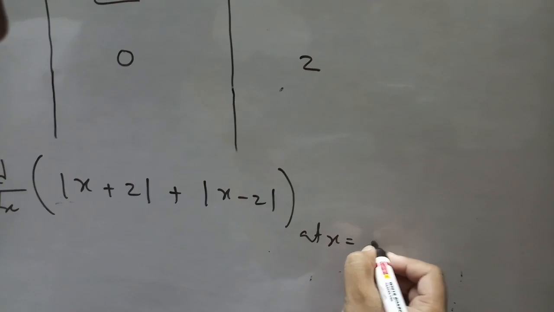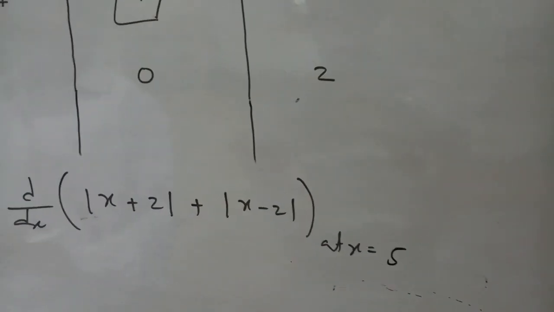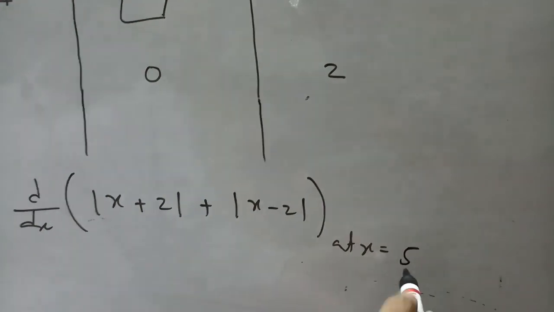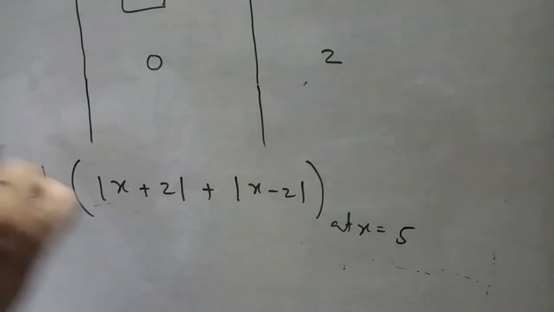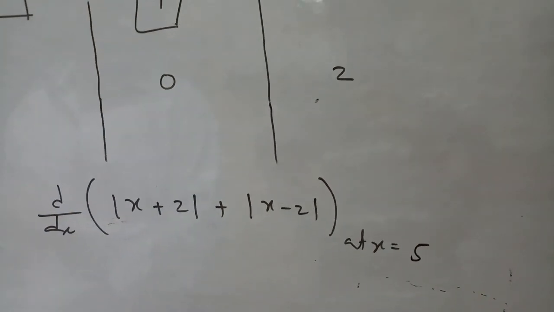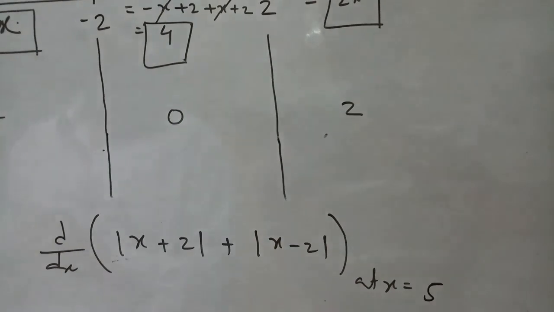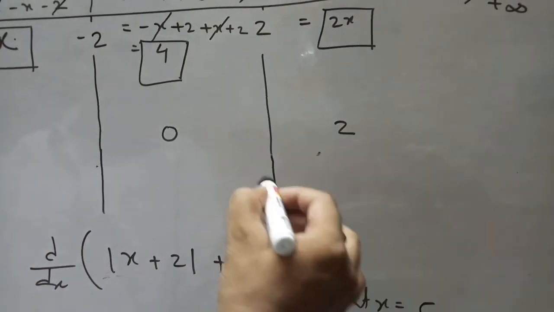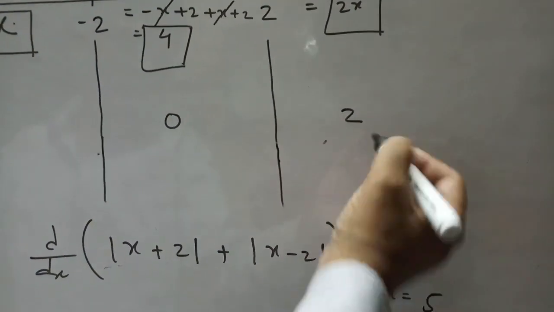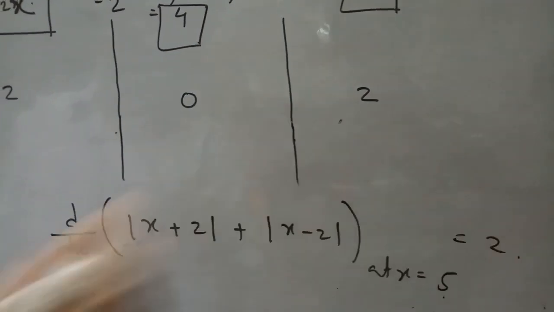Now what is the value at x equal to 5? Does 5 lie between minus infinity and minus 2? No. Does 5 lie between minus 2 and 2? No. 5 lies between 2 and infinity, which is greater than 2, so the derivative of this function will be 2.